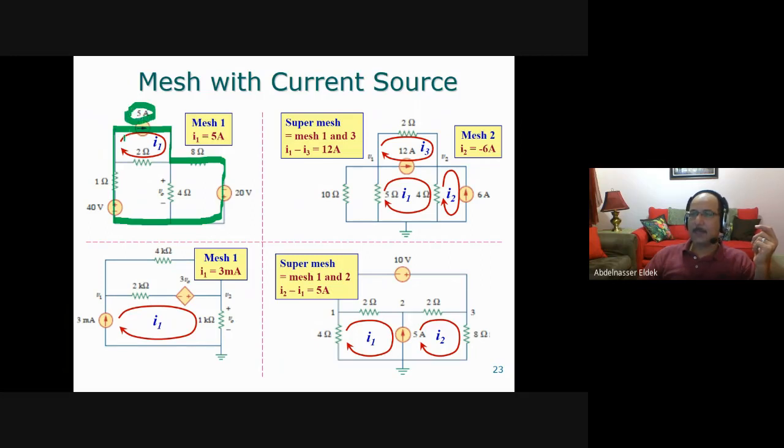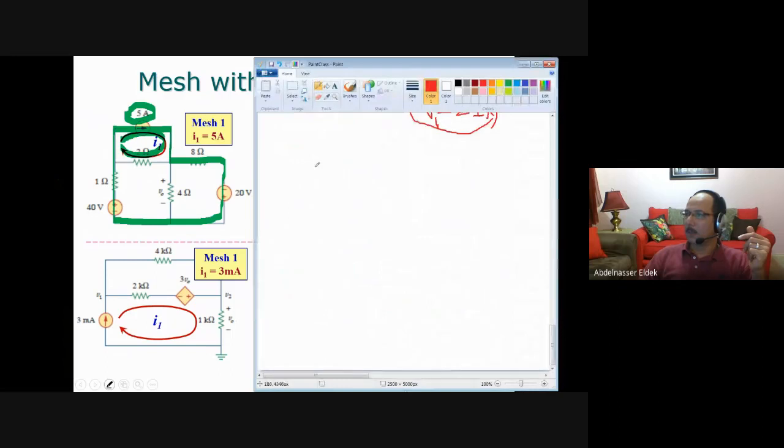This means that I1 equals 5 ampere. But you have to consider the direction. Is it positive or negative? It depends on the direction. It's clear that I1 and the 5 ampere source are in the same direction. The 5 ampere is here, and I1 is in this direction, clockwise.